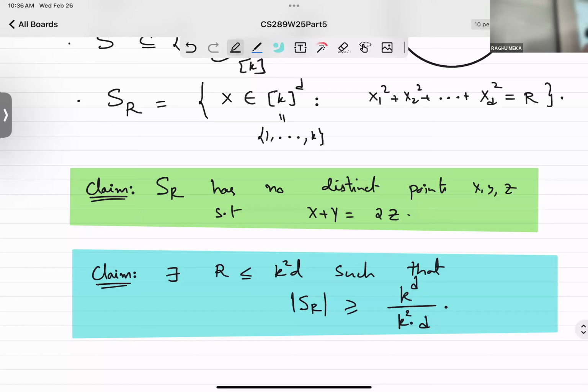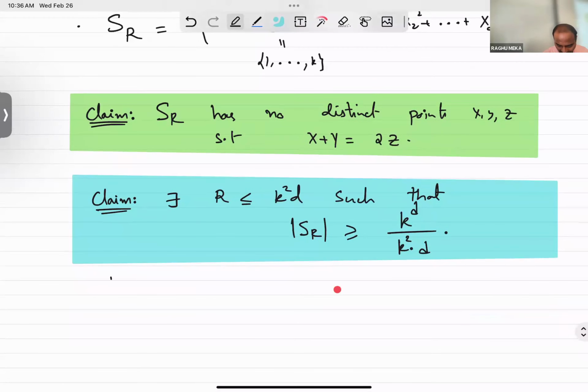But if I set R equals 1, I will only get a small number of points, because I want integer coordinates. In fact, there'll be just about D points. But I'm saying there is some radius where I get a lot of points which satisfy this. Why do you think this is true? Any suggestions or guesses?